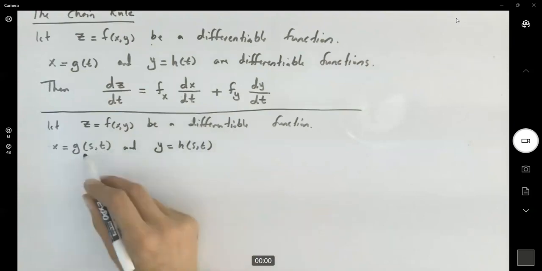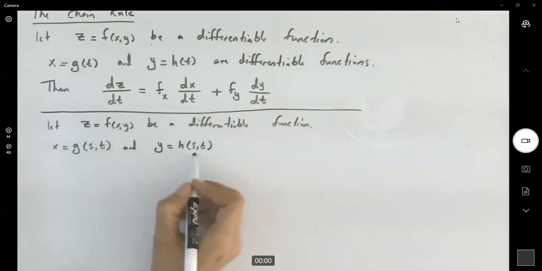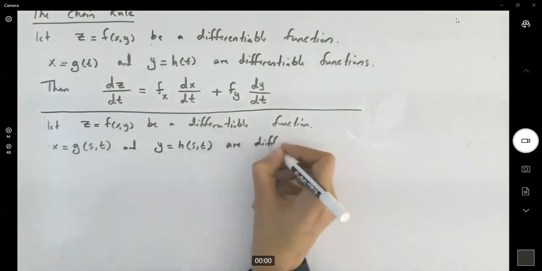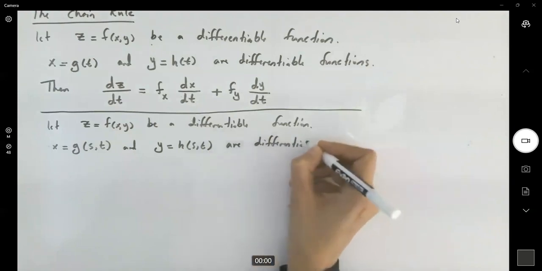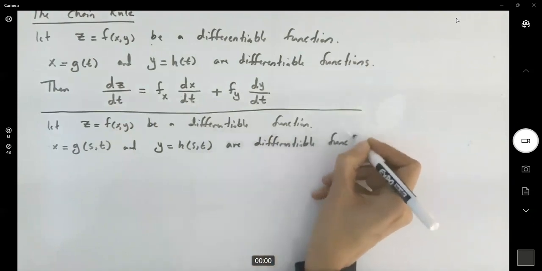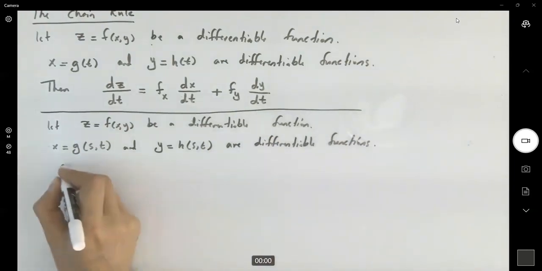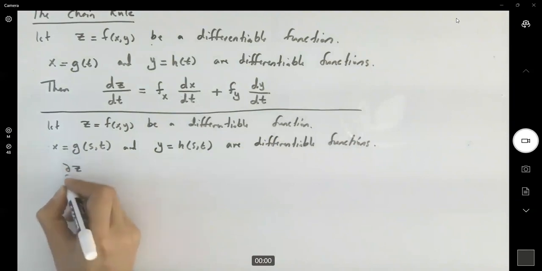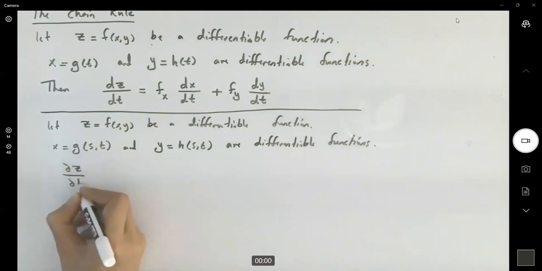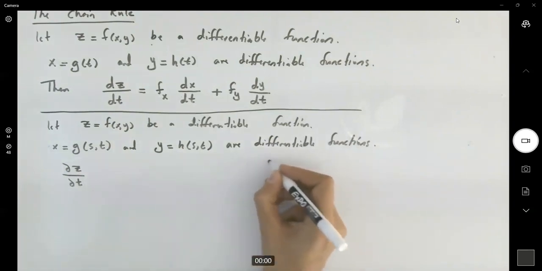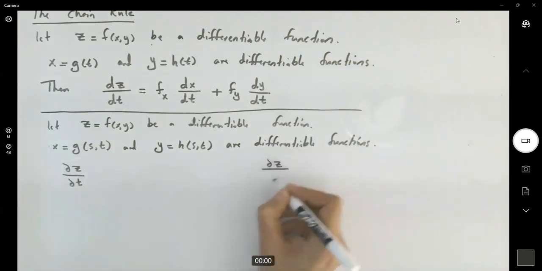So your variables x and y are also functions of two other parameters, are differentiable functions. So now you can find the rate of change of z with respect to t, and also the rate of change of z with respect to s.